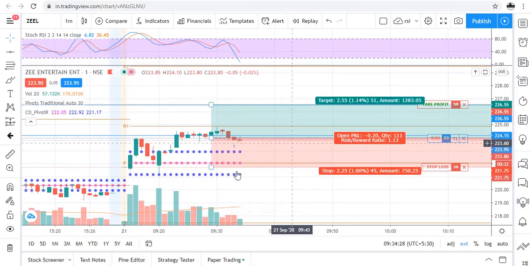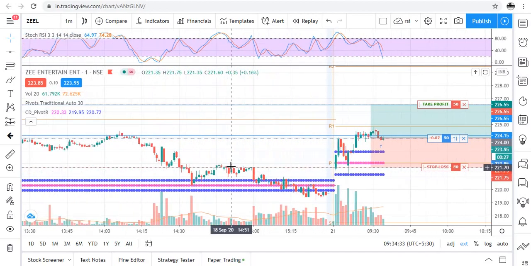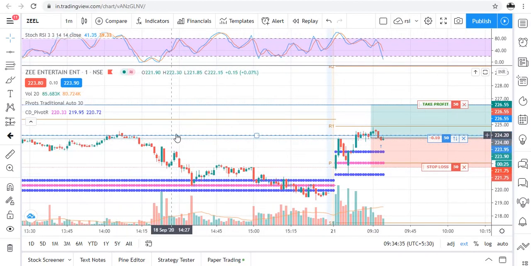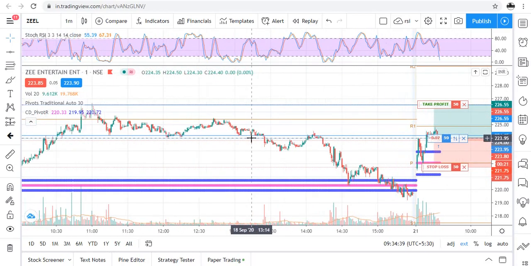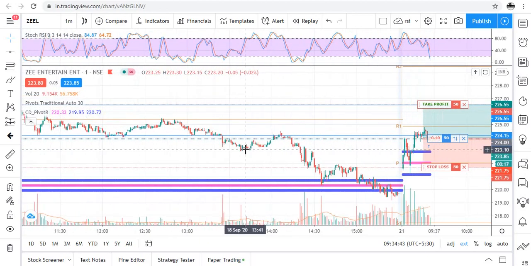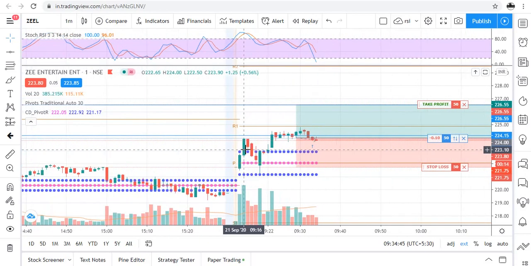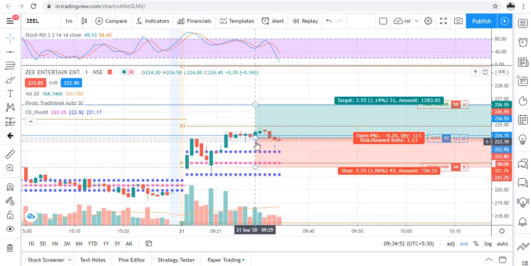Now let me tell you the whole trading setup. So traders, first I made a resistance here. Okay traders, and the second resistance is here. After plotting this, first I saw that the price was spending some time at this resistance.